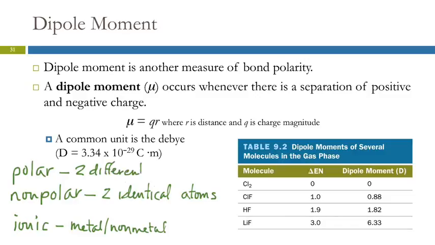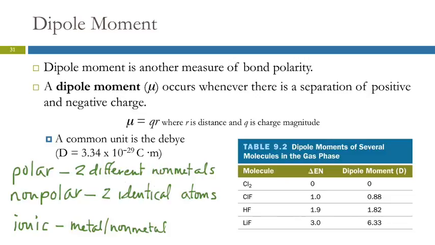Now this one does not work 100% of the time, but it works most of the time, and for a lot of things that's good enough. So looking at these then, ClF, HF, because there are two different nonmetals in this molecule, we should predict that those are polar bonds.